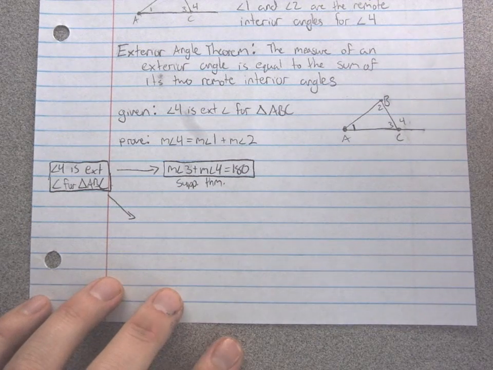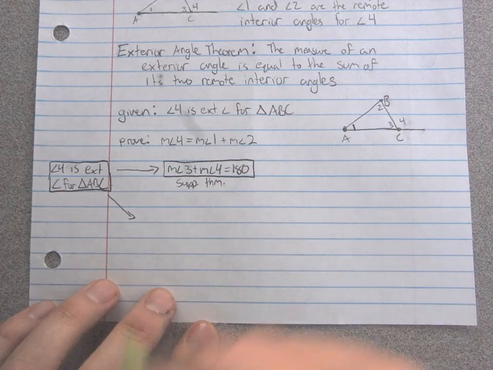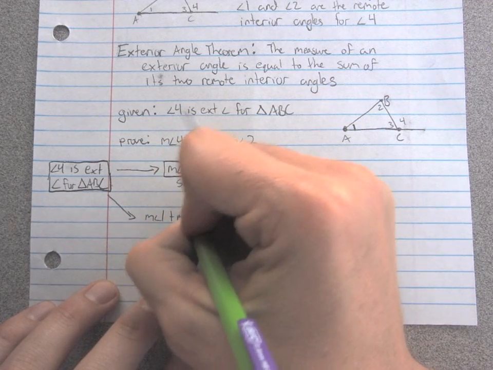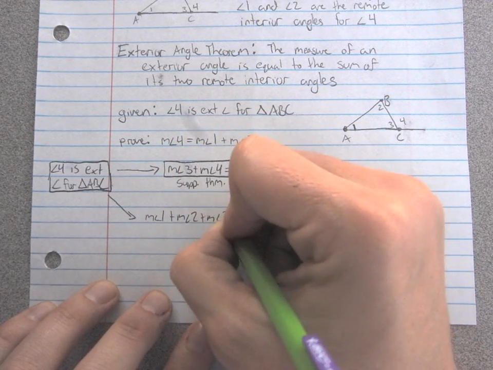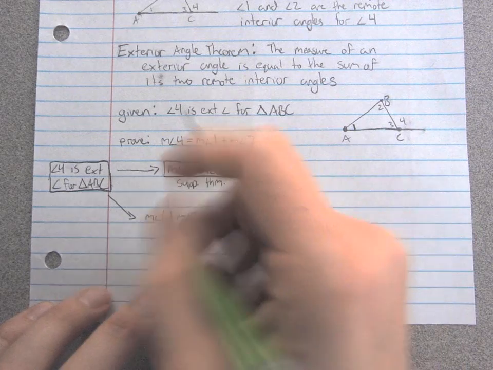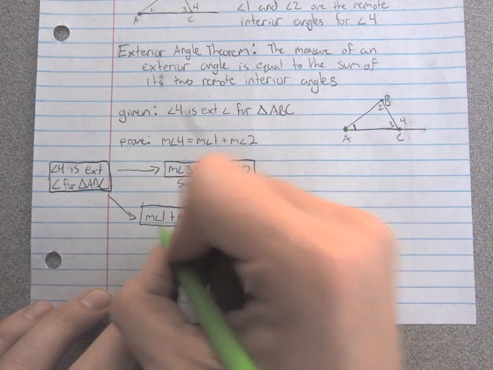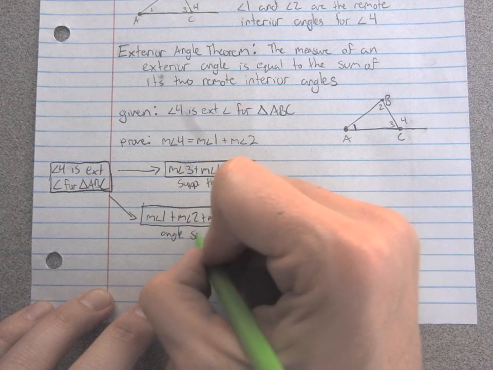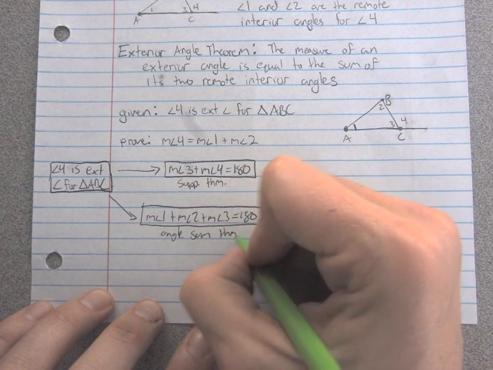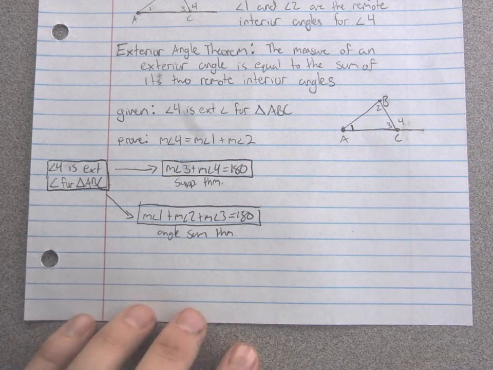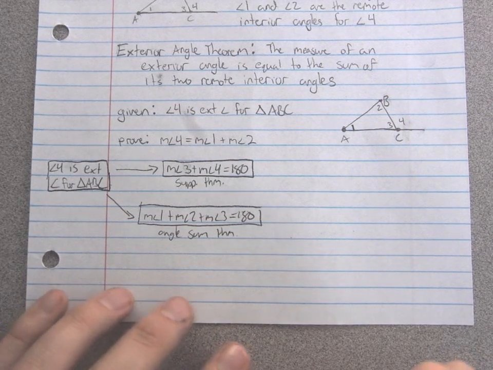All right, at the same time, we have this idea about the triangle. So that's the measure of angle 1 plus the measure of angle 2 plus the measure of angle 3 has to equal 180. And that is the angle sum theorem that we just proved. We proved earlier in the notes that the measures of the angles of any triangle add up to 180.